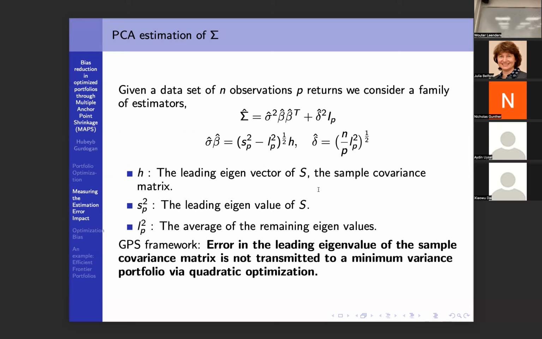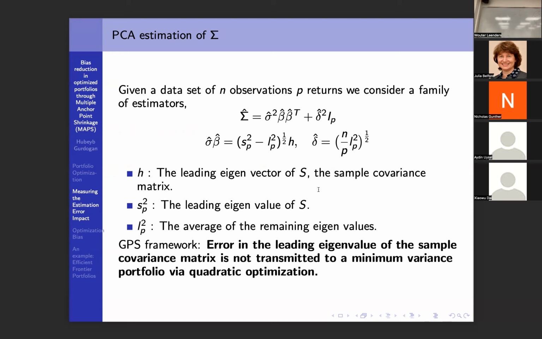And if we set sigma hat times beta hat to (SP squared minus alpha squared) to the 1/2 times h, and delta hat to that other constant, that finishes the family of estimates that we consider. Let's talk a little bit about what these constants are.